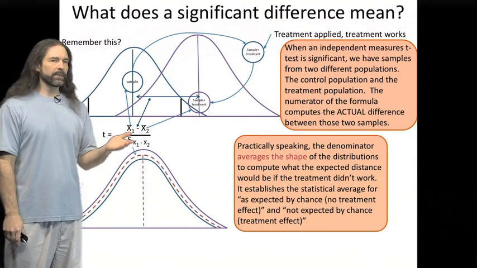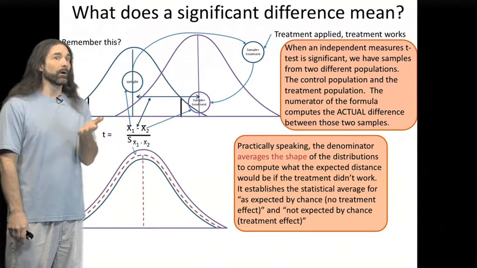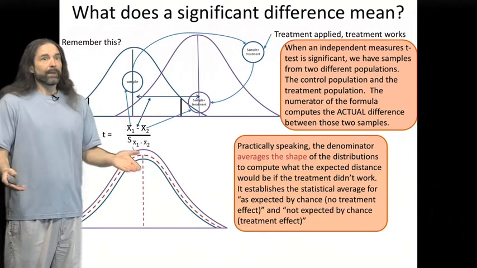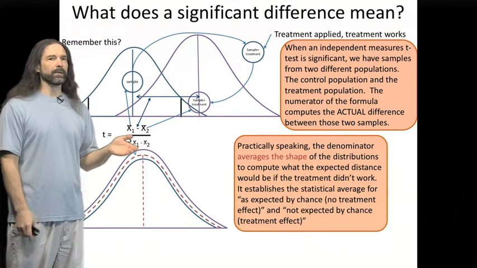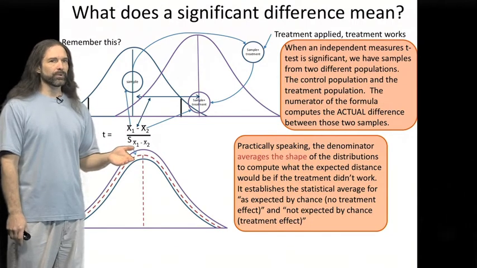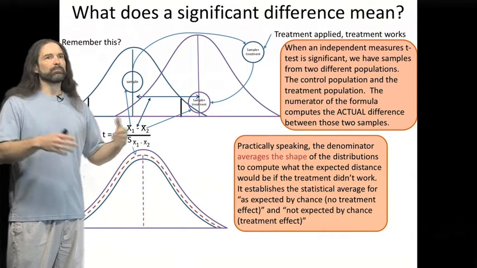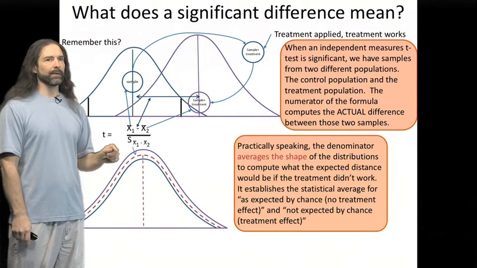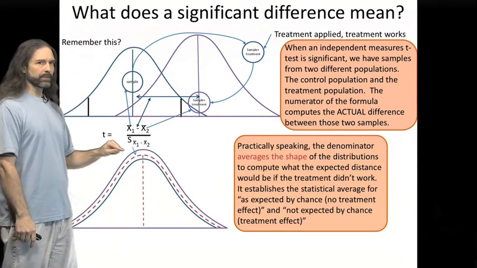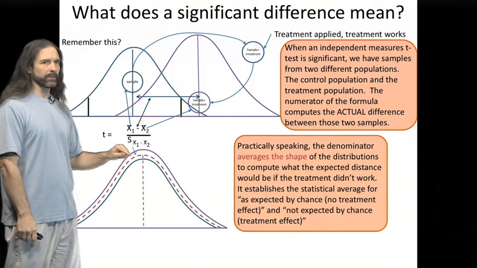With a one group t-test, we were estimating that with our one sample. Now we have two samples. So conceptually, let's take the shape of those two samples and use both of those to estimate the shape of our sampling distribution. If I take the shapes of those two distributions and average them together, that would be the dotted line.